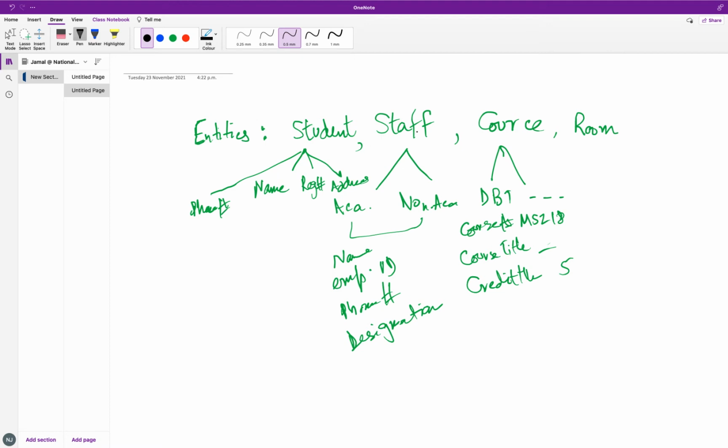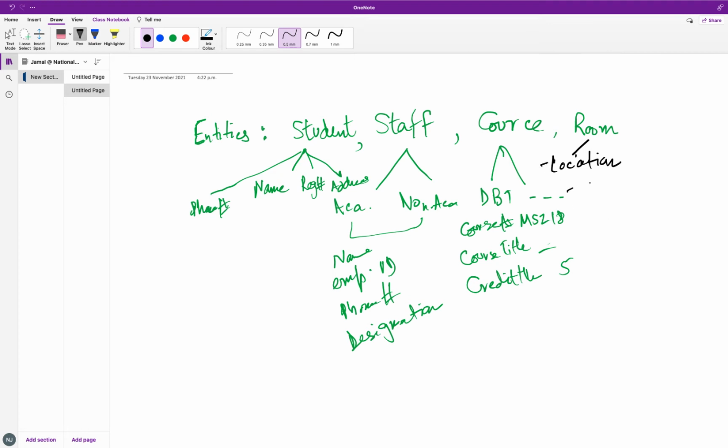So staff, course, similarly for rooms, you can say its exact location, and obviously I'm not going into more detail. A room would be part of some building, and the same is the case with staff or something, but that's fine.